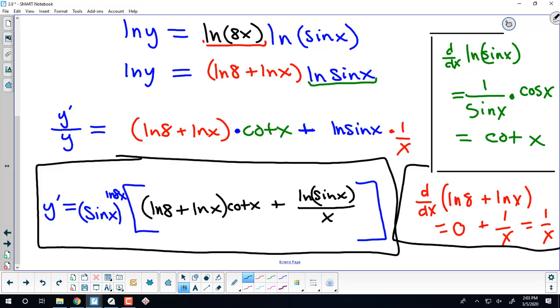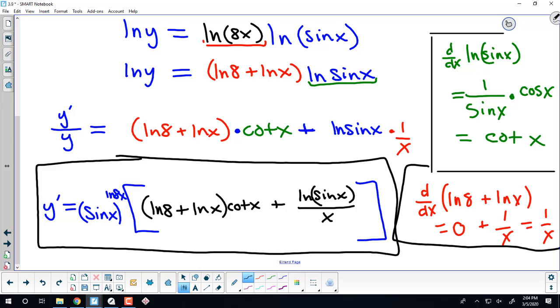Okay. Anyone have any questions? Yeah. So would it be acceptable, instead of natural log of 8 plus natural log of x, to write the final answer as just the natural log of 8x? Yeah, that's probably better, just so you have just one thing multiplying the cotangent. Okay. We've seen this a lot: the derivative of the natural log of a linear function, mx plus b, or natural log of mx, is just 1 over x.